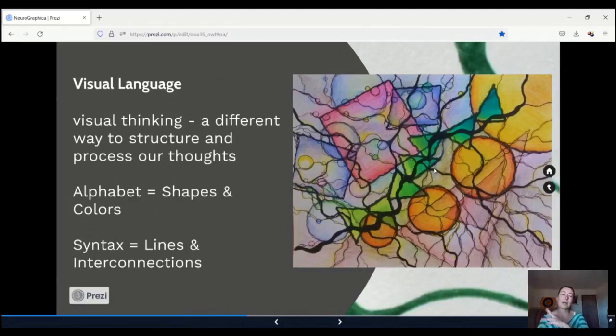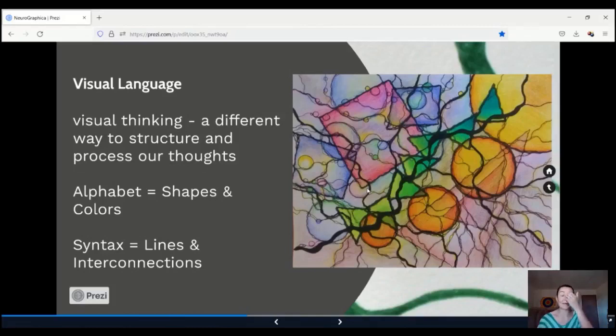So, the way that lines connect different elements. In this example, I have a bunch of circles, I have triangles sitting in an outline, and I have some squares, and they all have different meanings. That comes from the figure that it is, but I also give it meaning.